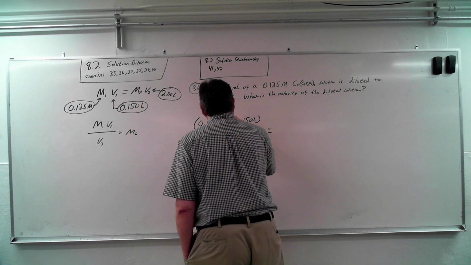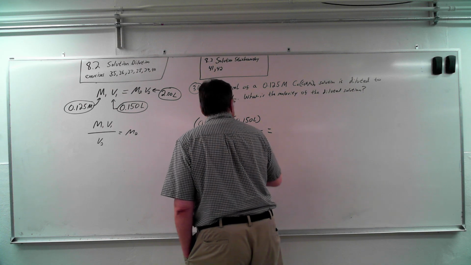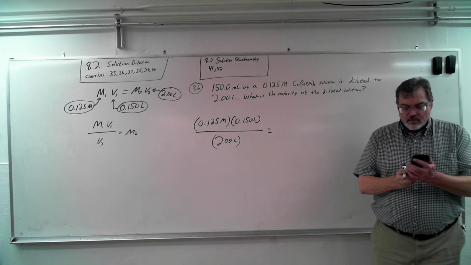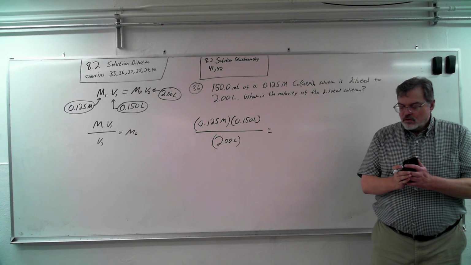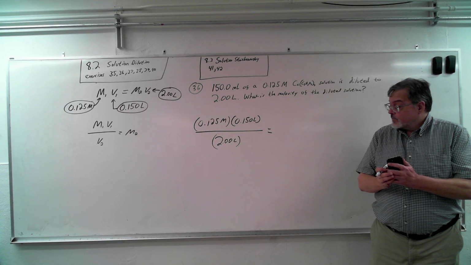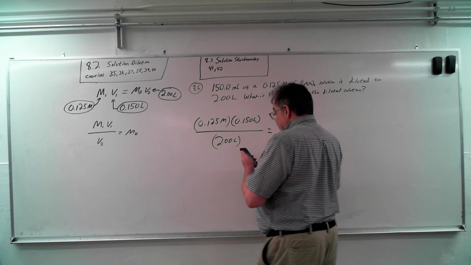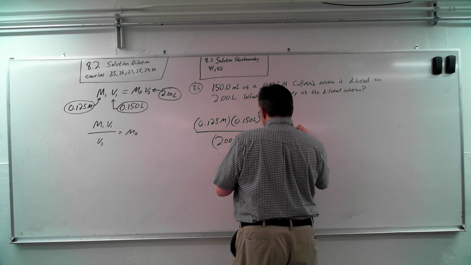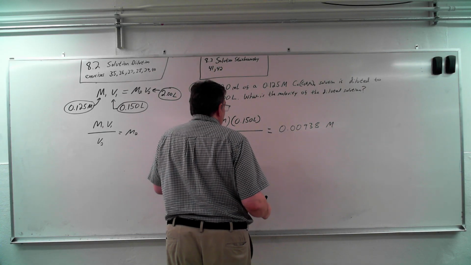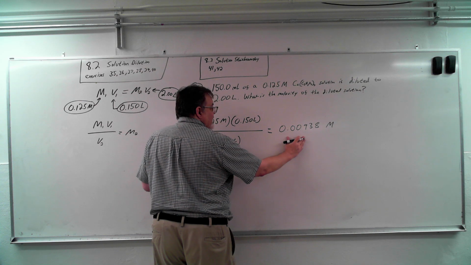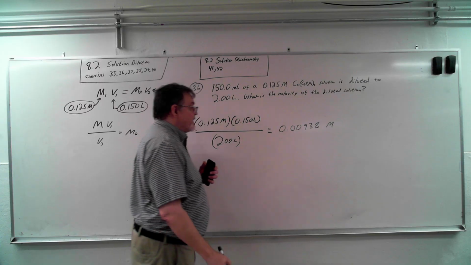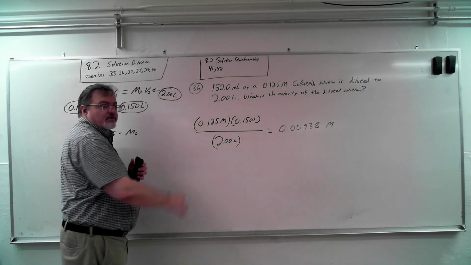I could go M1, I won't say that, but 0.125 times 0.150 divided by 2. It's three significant figures. I get 0.00038 for M2. And notice I've got numerical value, unit, and usually I put a label here, but I really don't need the label for this because it's inherent to the context.